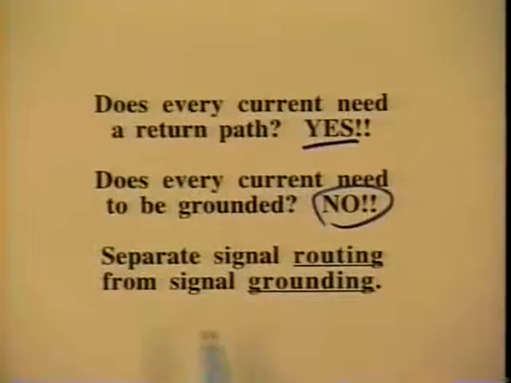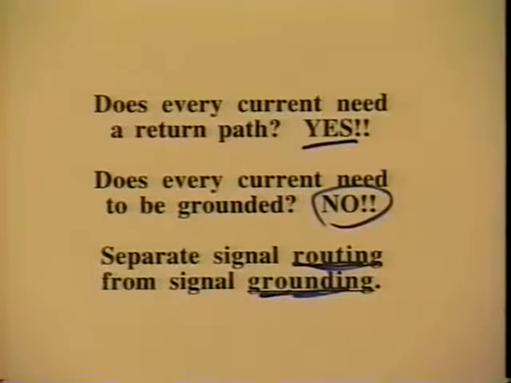We want to be careful too to separate the routing of signals from the grounding of signals. I think especially on your schematic diagrams and in the words that you use, be very careful to distinguish between those two ideas.